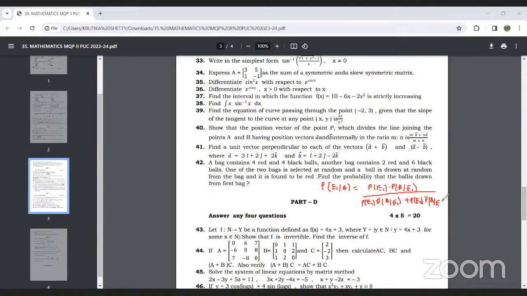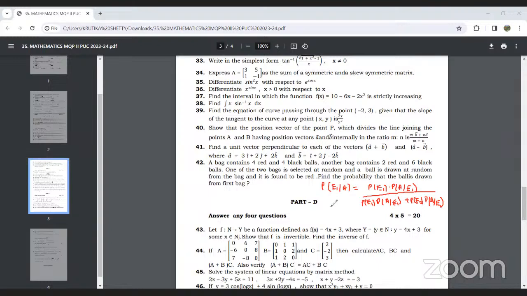So this is the formula of Bayes theorem, where E1 and E2 are two events. A, in this case, will be the event of getting a red color ball.